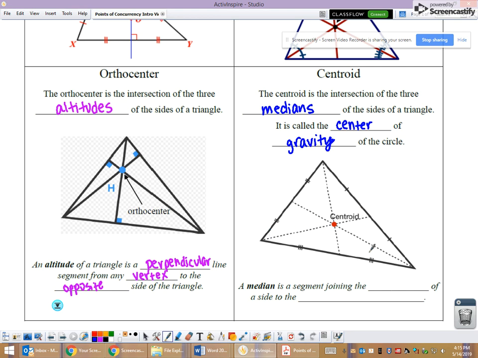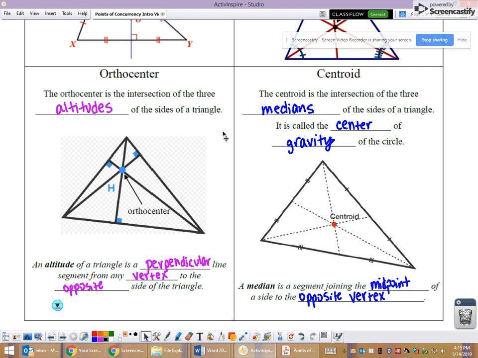And you can see it here, that joins the midpoint of a side to the opposite vertex. So for instance, this is the midpoint of this side, and I connect it to the opposite vertex. Midpoint of this side connected to opposite vertex, right? So on and so forth, midpoint to vertex. That's a median. 3 medians meet at a centroid.